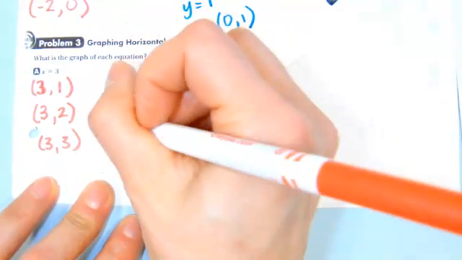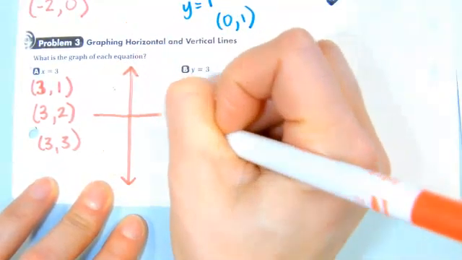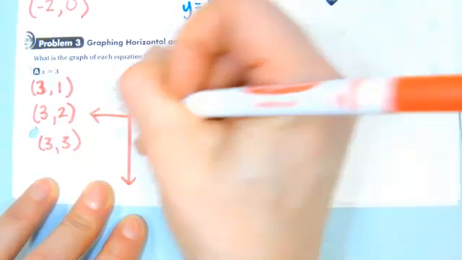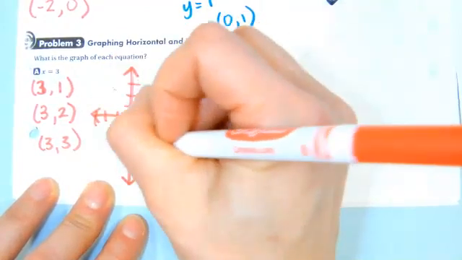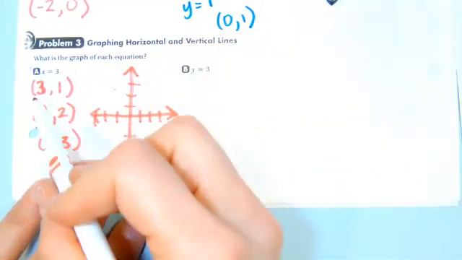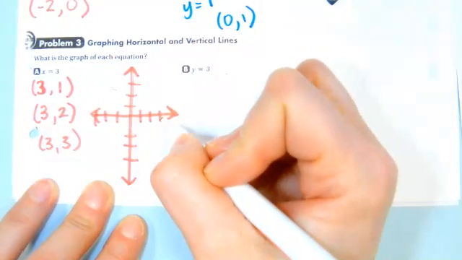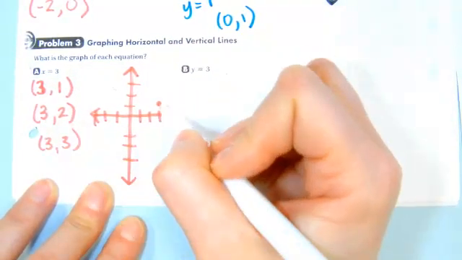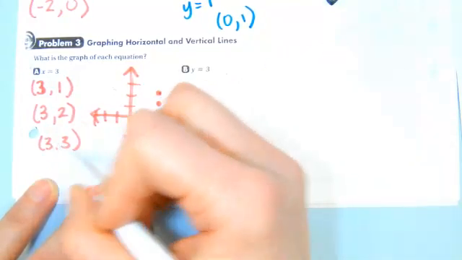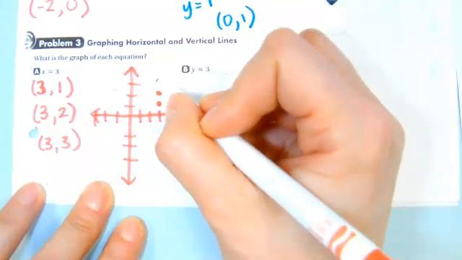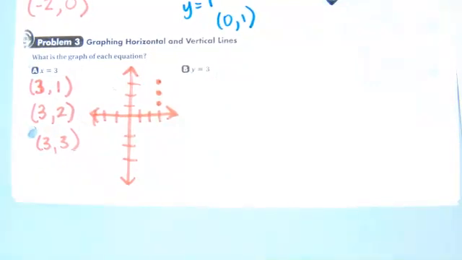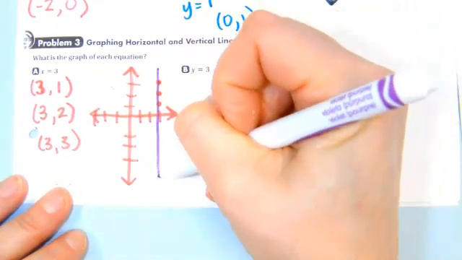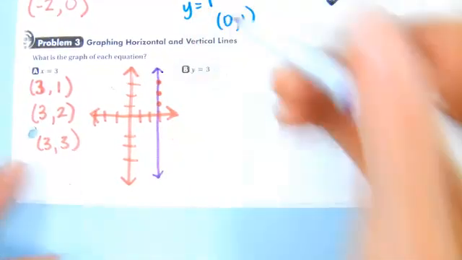If I were to graph those 3 ordered pairs, and I made them small on purpose, because I don't need to make a big giant graph here. 3, 1 is right 3 up 1. 3, 2 is right 3 up 2. 3, 3 is right 3 up 3. What kind of graph does this make? Vertical.